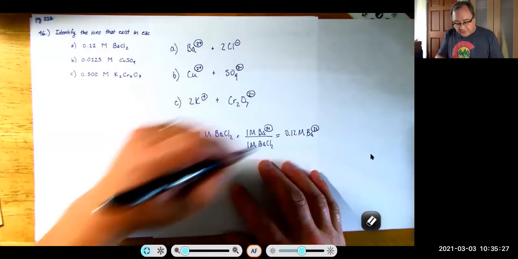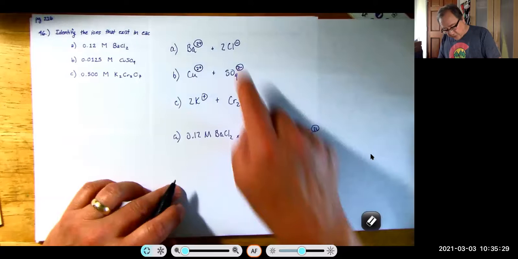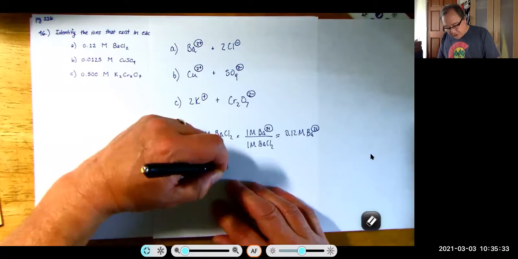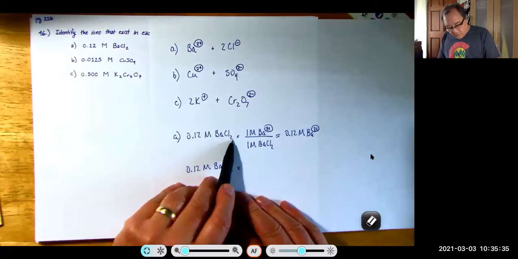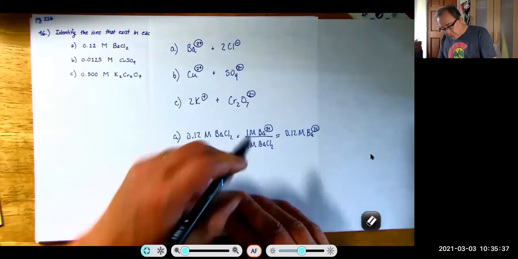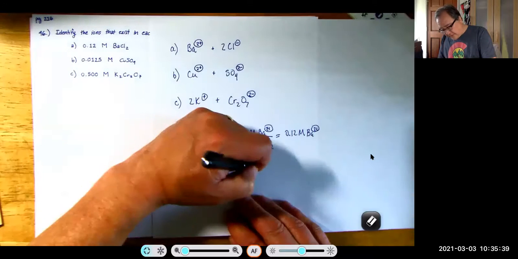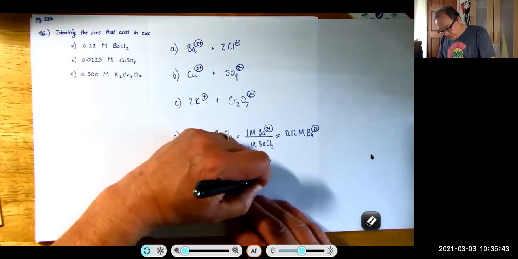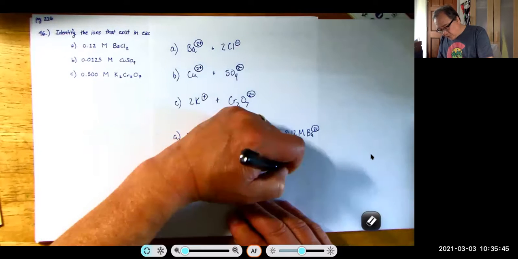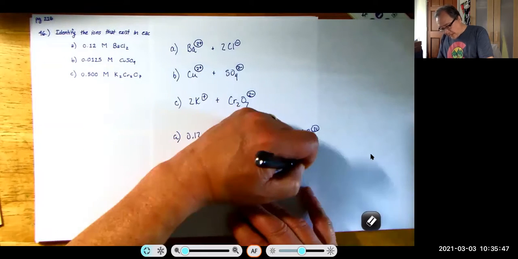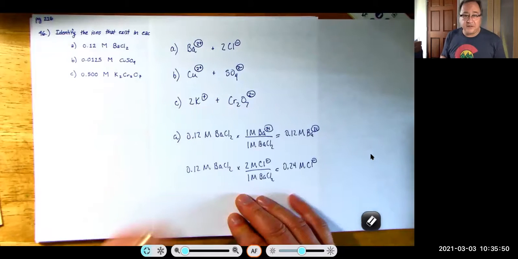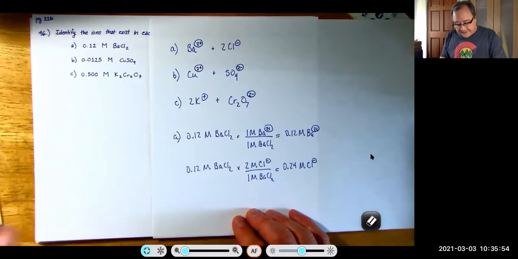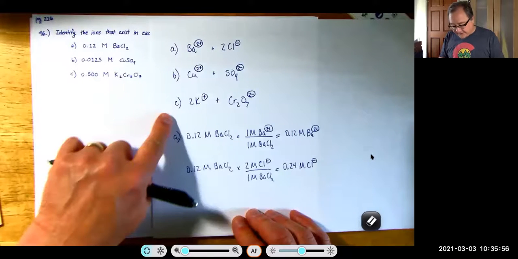Now, how does this differ for the chloride? Well, you'd say 0.12 molar barium chloride. But because there's 2 of those ions for 1 formula unit, you'd say 2 molar chloride per 1 molar barium chloride. And your concentration would be 0.24 molar chloride. So I'm not going to show you how to do B and C. It's the same process to get the molarity.